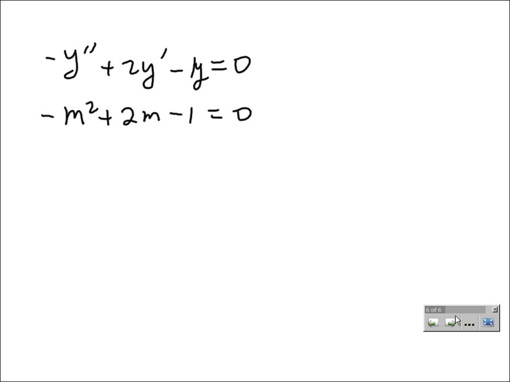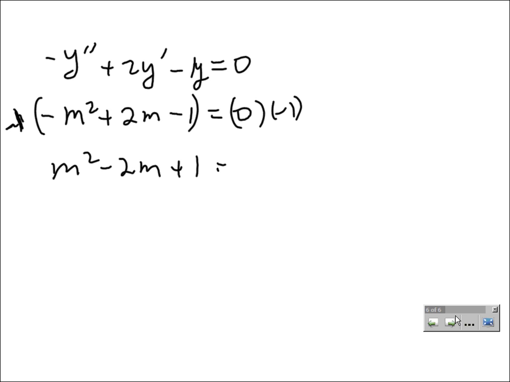Now, I hate quadratic equations that have a negative value for the coefficient of m squared. I'll multiply both sides by -1. It's not going to change the right side. So you'll have m squared minus 2m plus 1 is equal to 0. And all I did was multiply both sides by -1.